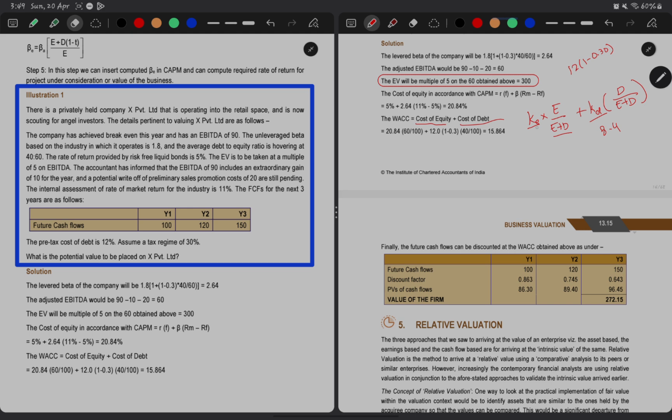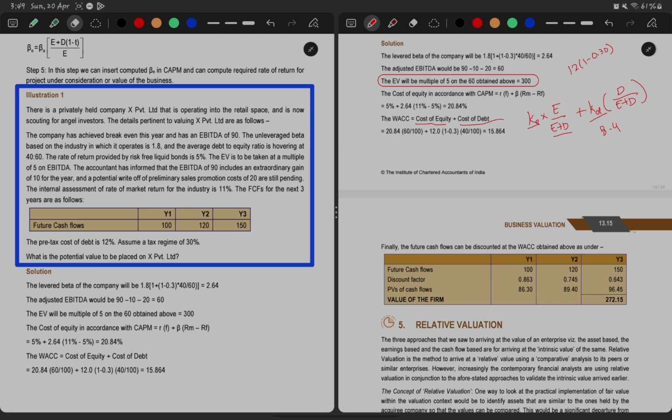Then how will we find out KE? Since we have rate of market return and then risk-free return, we can use the CAPM model, but we need the beta value. We know the unlevered beta, we need the levered beta, because that will include the firm's debt portion also.